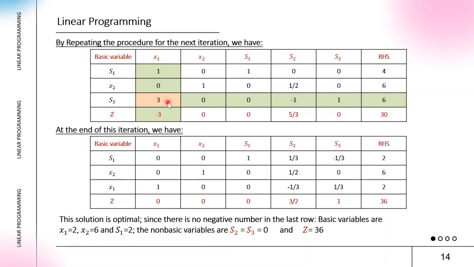The final table, the bottom table, shows the basic variables x1, x2, and S1 and their values: x1 is 2, x2 is 6, and S1 is 2, and the objective function value is 36. Slack variables S2 and S3 are 0 in the optimal solution.